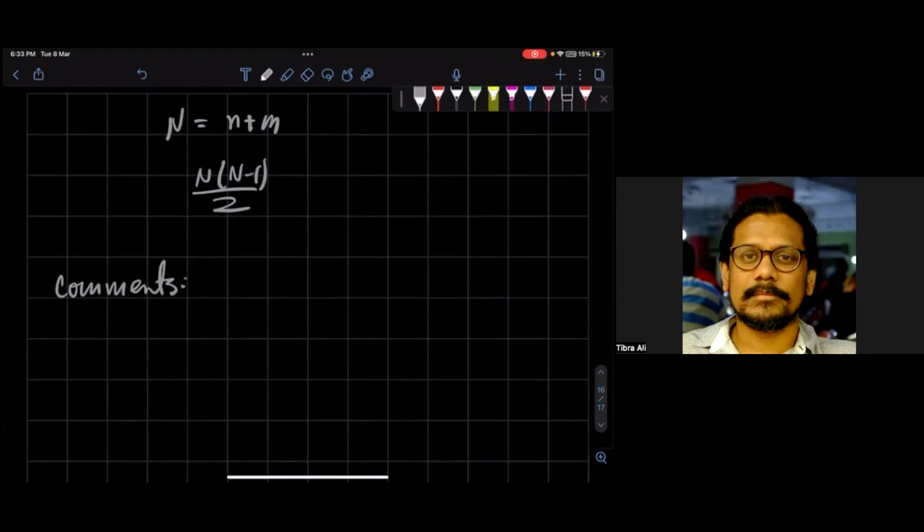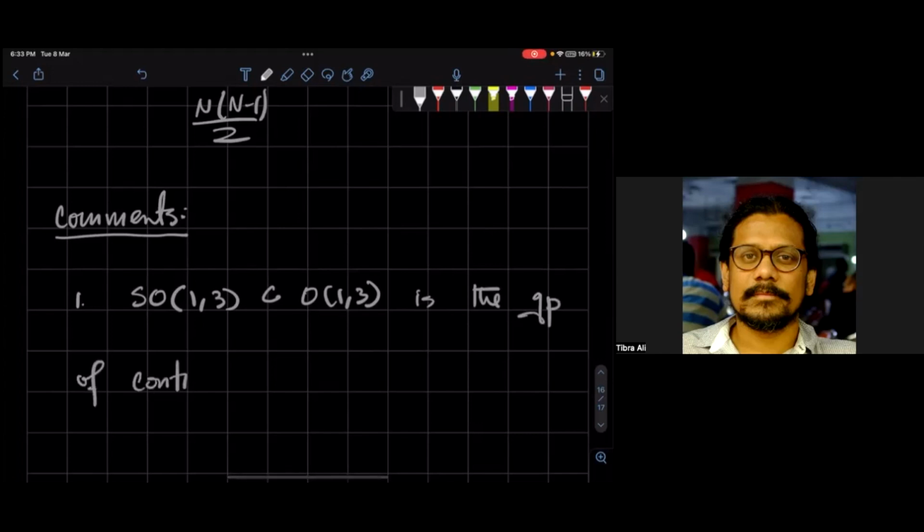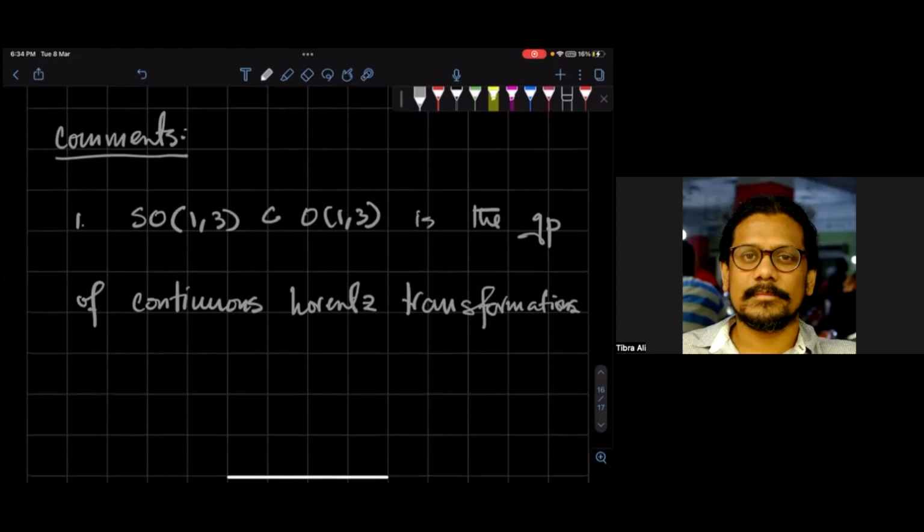Comment number 1 is what Fiza was saying. SO(1,3), which is a subgroup of O(1,3), is the group of continuous Lorentz transformations, and so these are the transformations which are continuously connected to the identity, right?